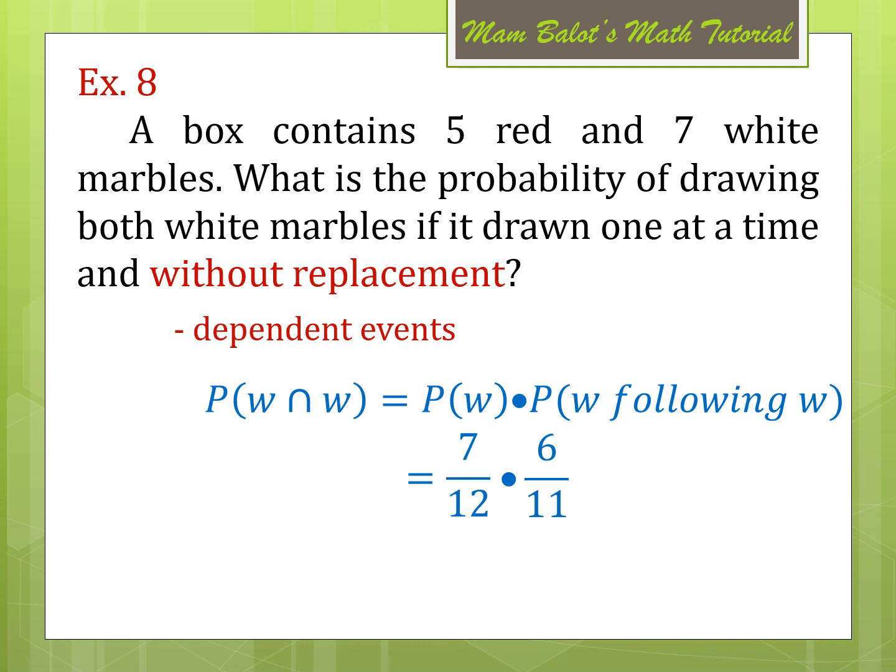Multiplying the fractions, 7 times 6 is 42 divided by 12 times 11 is 132, which is reduced further to 7 over 22. So the probability of getting both white marbles is 7 over 22.